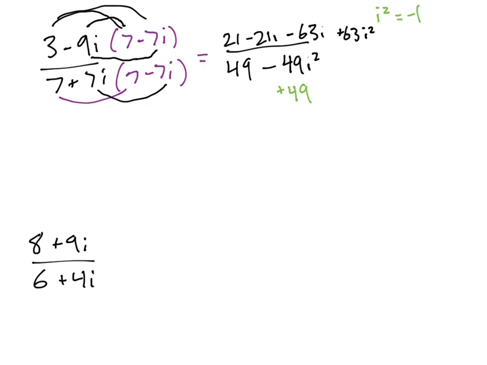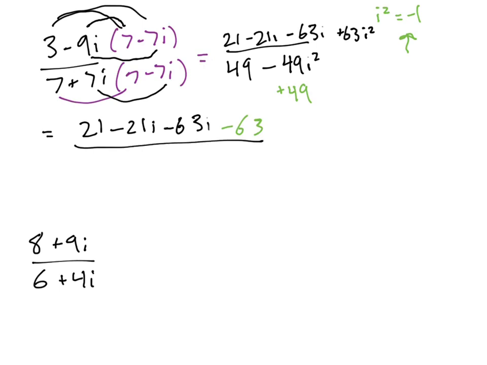So in our numerator, we've got 21 minus 21i minus 63i plus 63i squared, but we can rewrite plus 63i squared using the property that i squared is negative 1. So that is minus 63, all over, in our denominator, we've got 49 plus 49, which is 98.